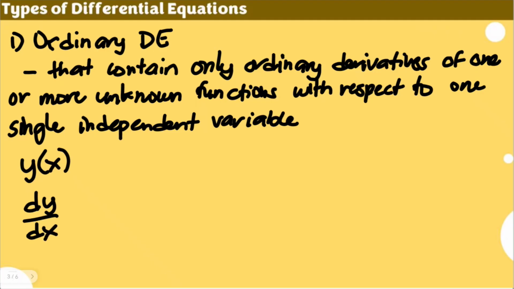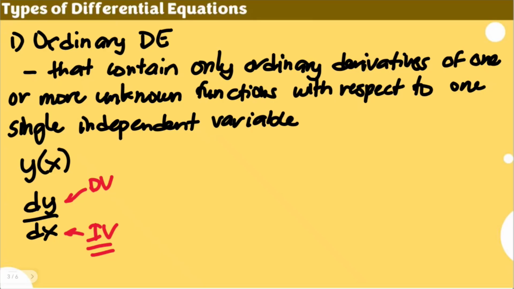We know that x is our independent variable and y is our dependent variable. So we only have one independent variable, and if a differential equation has only this form or even its higher orders, then we can call it an ordinary differential equation.